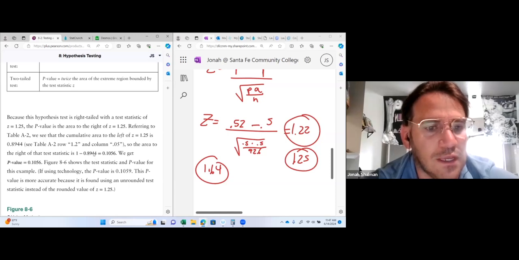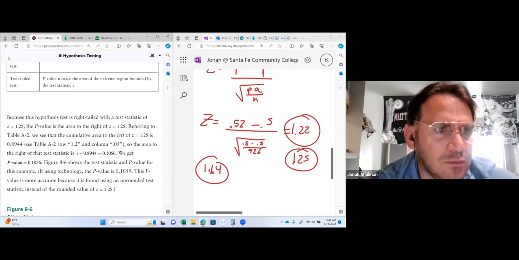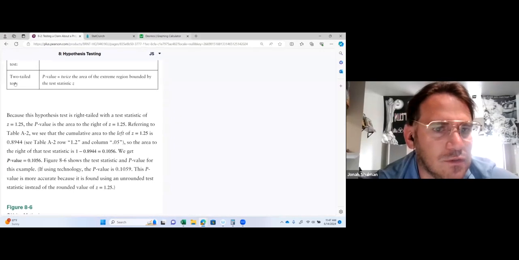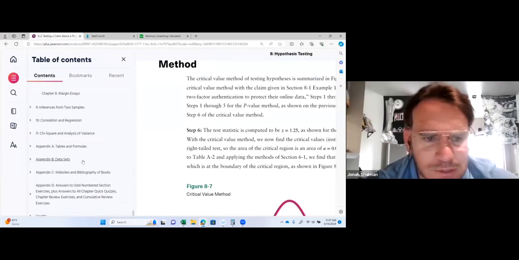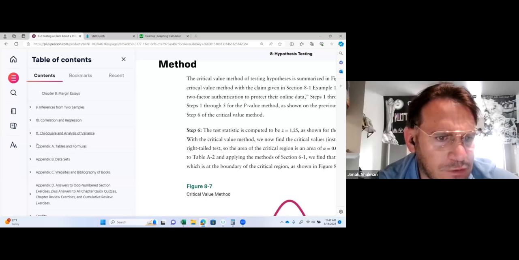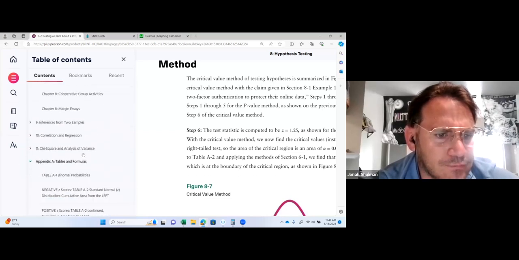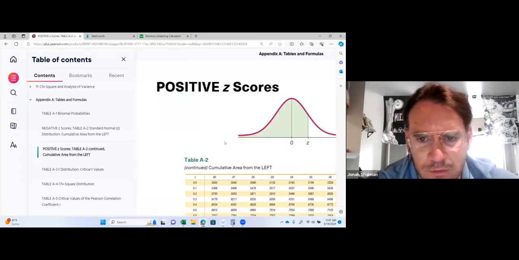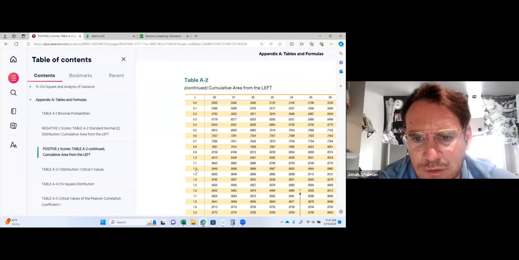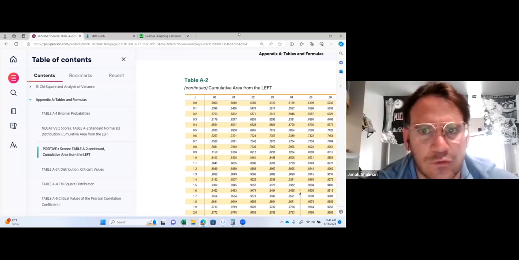Now they say if they use the table for 1.25, we'd also get this value. So we might as well look at the table and make sure we get that value too, in case you hate the computer and you like the tables. Our z-score is 1.25. So here we go. 1.25 is right here. 0.8944.